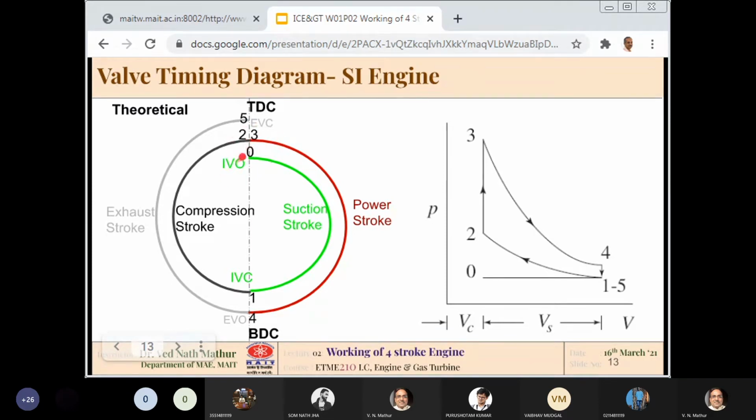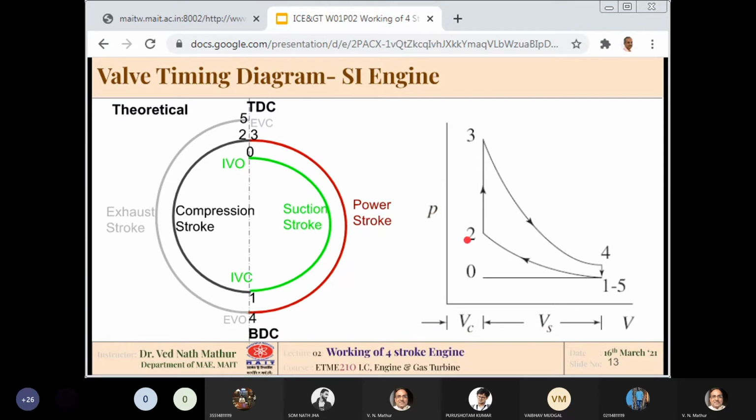So you can take advantage of that phenomenon, and not close the exhaust valve at top dead center position. Go slightly after top dead center position. So the exhaust valve closes slightly after the exhaust top dead center position. This clears the gases from the clearance volume, and you get more fresh charge.